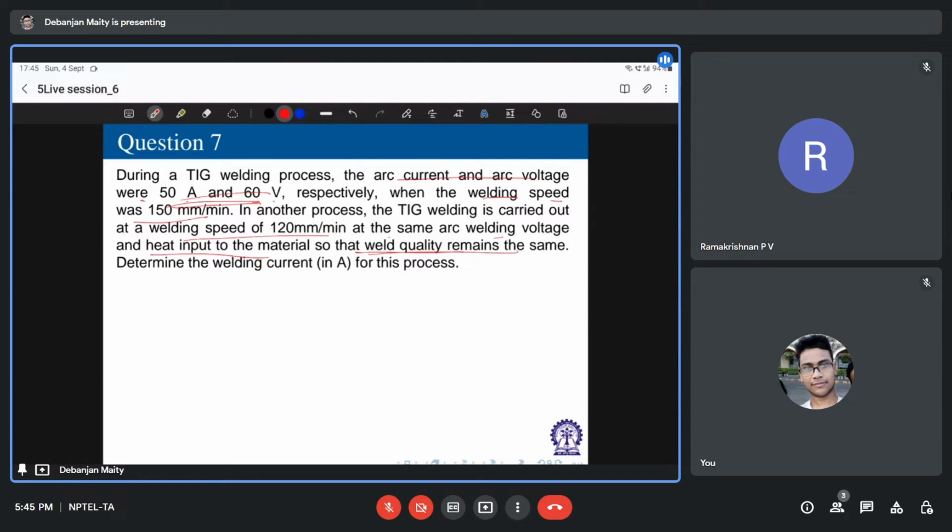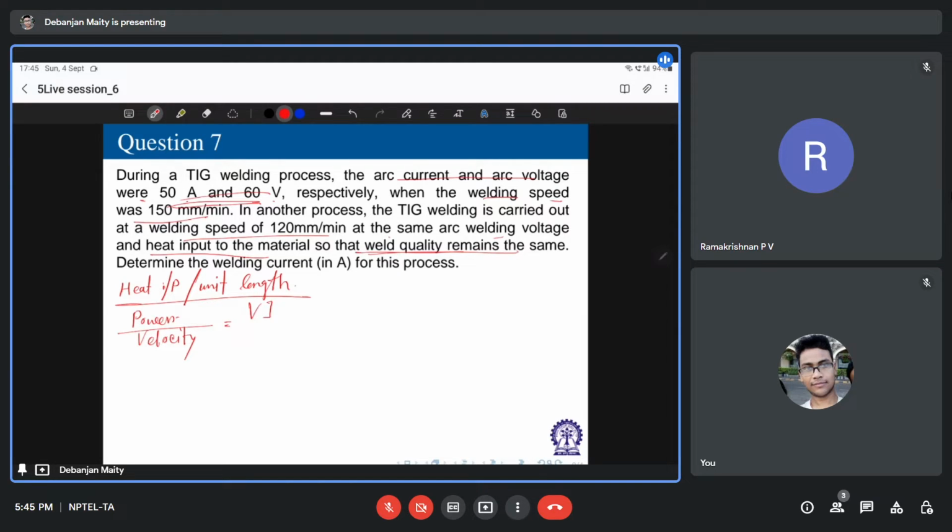So in the earlier question, we found out that heat input per unit length is simply what? Power divided by the velocity.